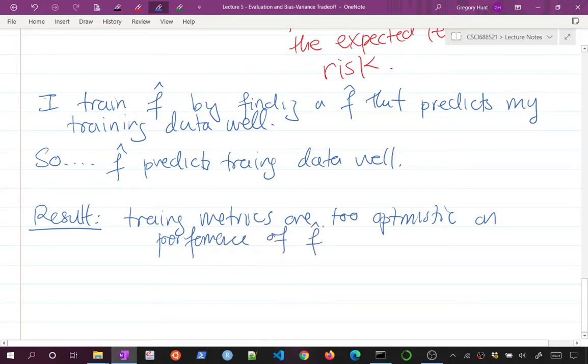That is, how well it's actually going to do on new data. For example, the training RSS is typically going to be less than the test RSS.